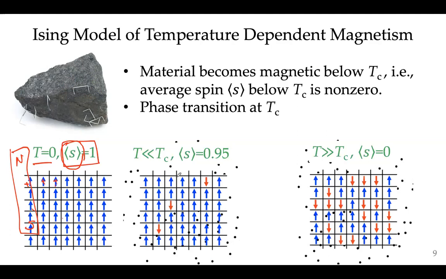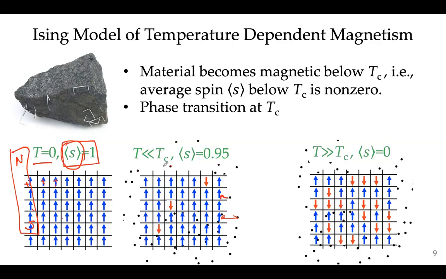Okay, so what happens if you heat it up a little bit? These little particles around the spins represent the heat, the ambient particles. They will hit these spins and they will try to randomize them, not flip them in a certain direction, but just randomize them.